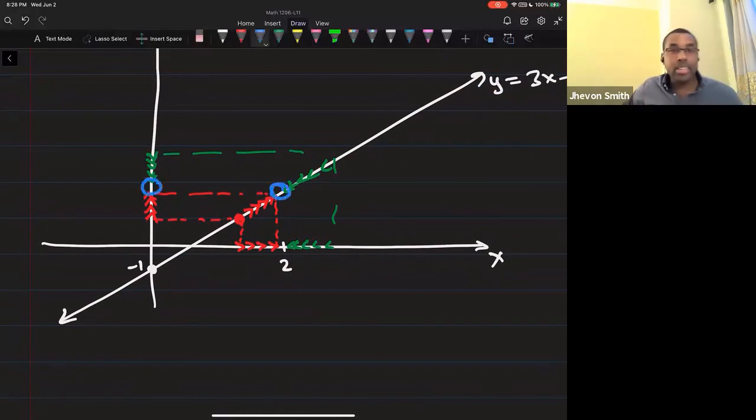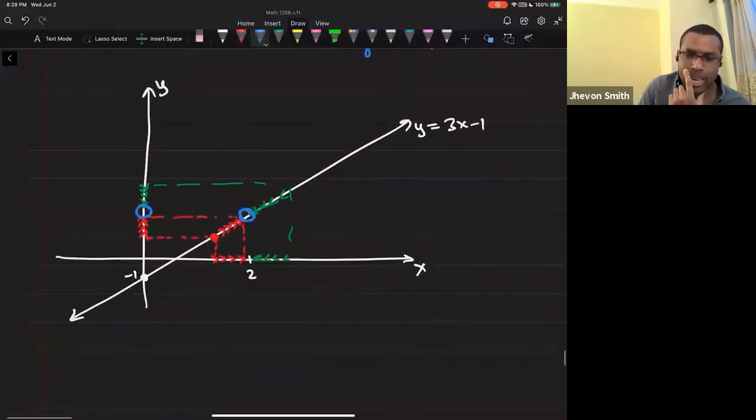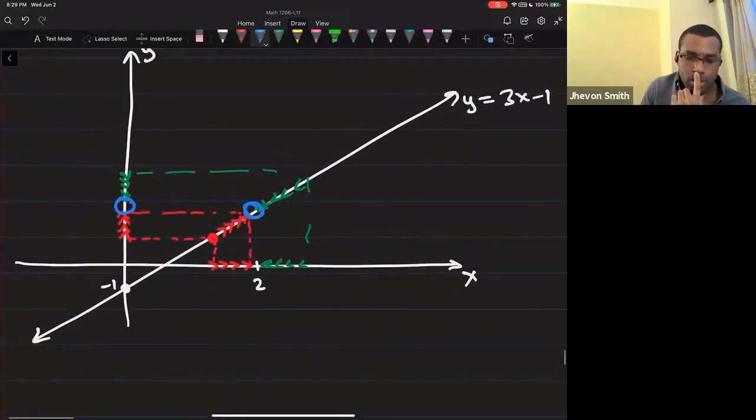Now, there's going to come a point where we can get to a value that everyone's going to agree on. So what is the value? If my x is getting close to 2, what would the y value get close to? Would it be 4?